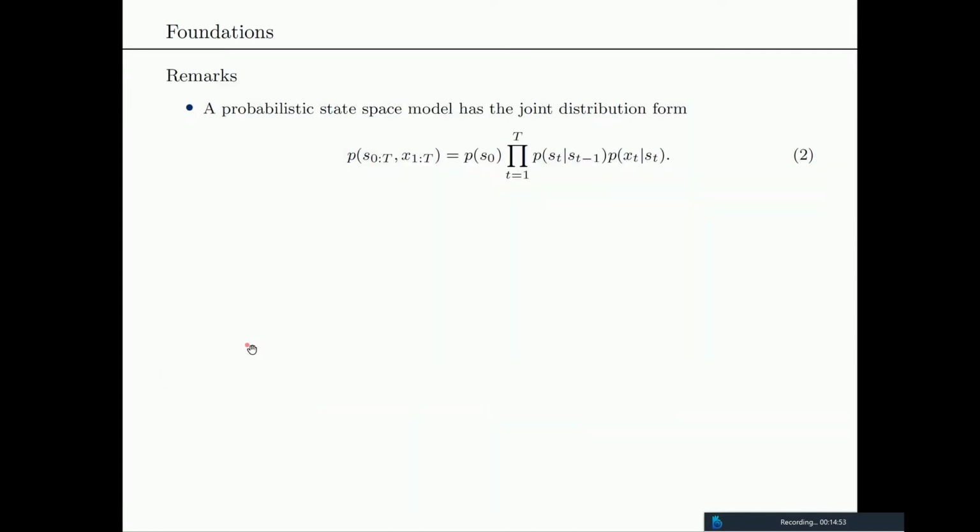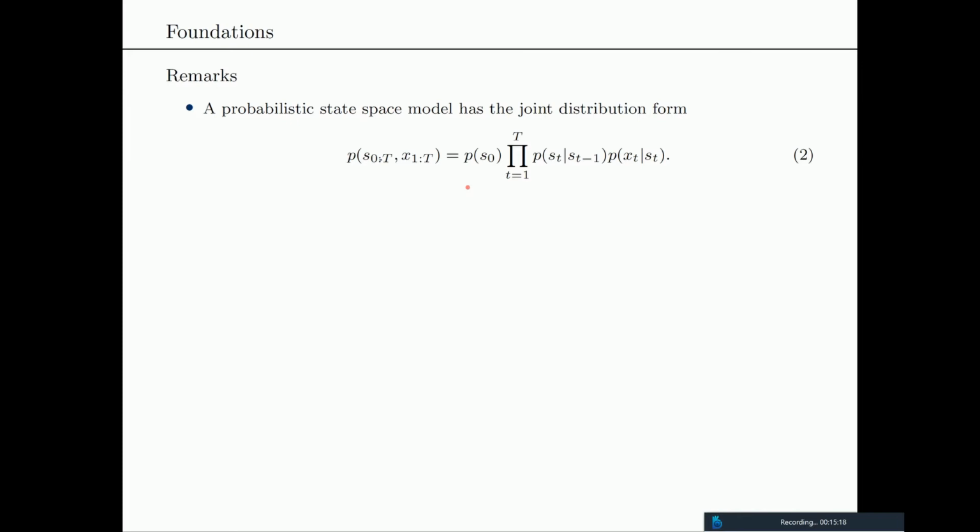One thing to realize about these state space models is that they essentially encode one big joint distribution over all latent state variables. I use this colon notation here, maybe I should have defined that, to refer to S_0 to S_T.